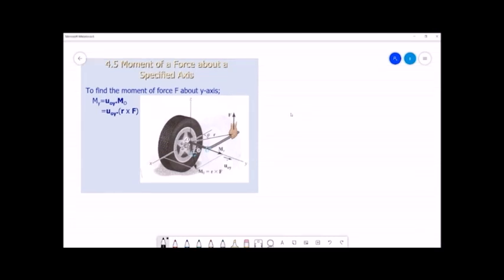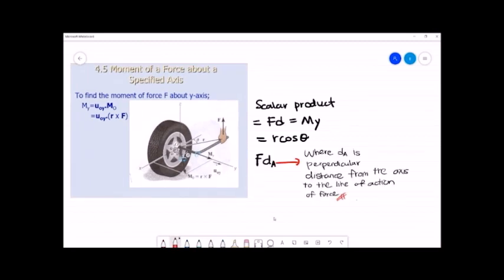You can determine the moment about the y-axis by using the scalar product, which is force times distance equal to moment at y, and the distance is equal to r cos theta.